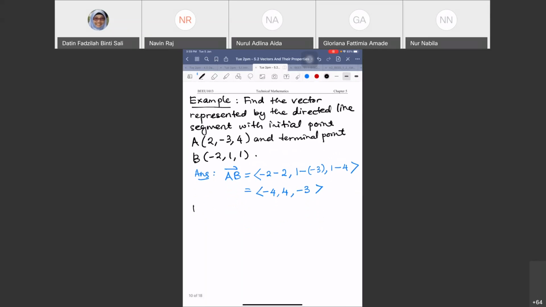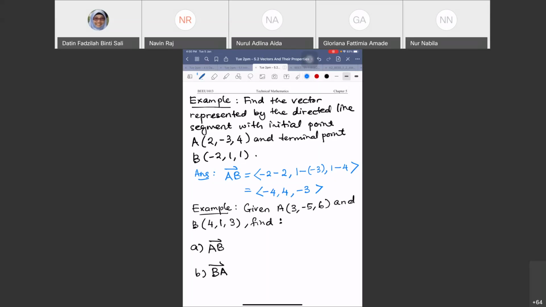All right, maybe another example. Okay, given A is 3, minus 5, 6, and B is 4, 1, 3.